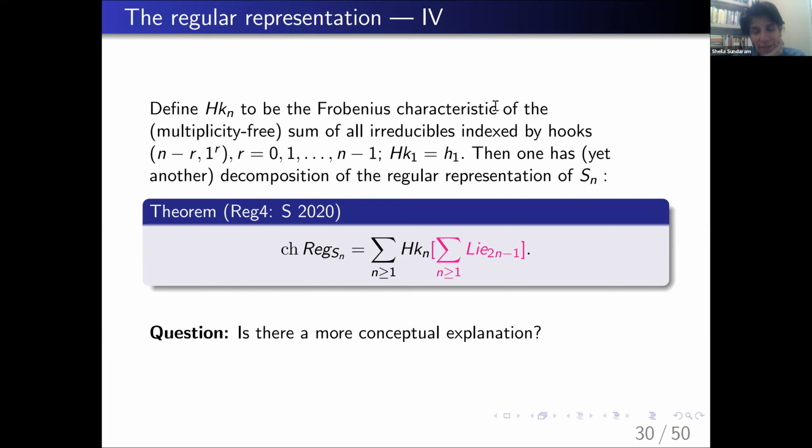I'm taking the odd generators of the free Lie algebra, just the subalgebra generated by the odd degree terms, and I'm composing with these hook representations.